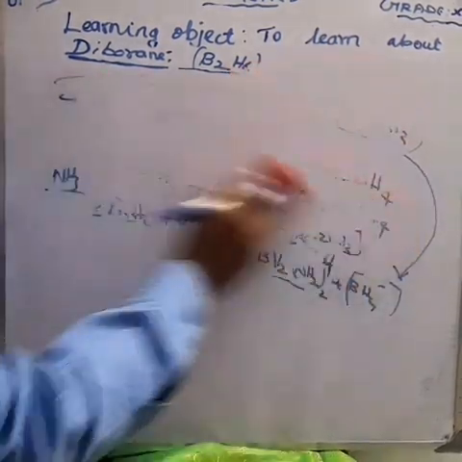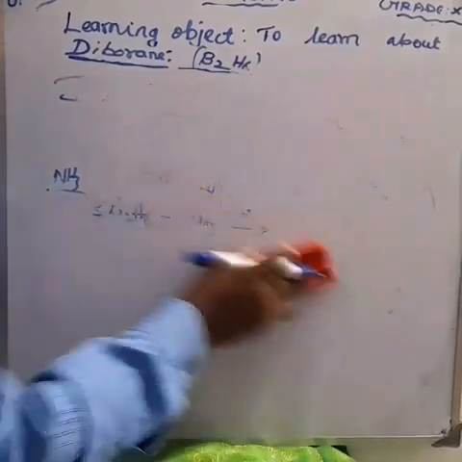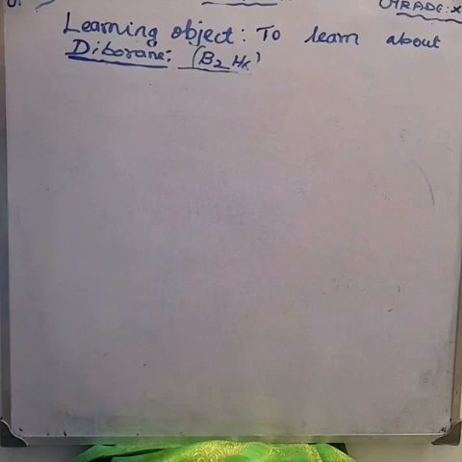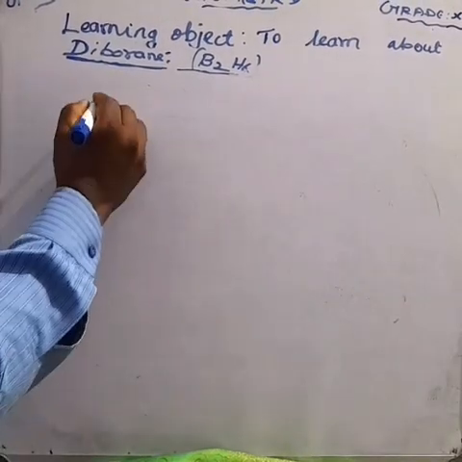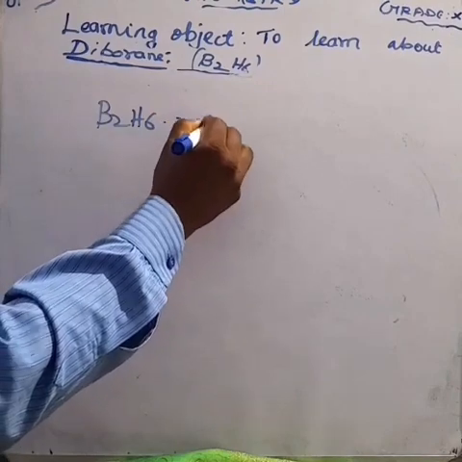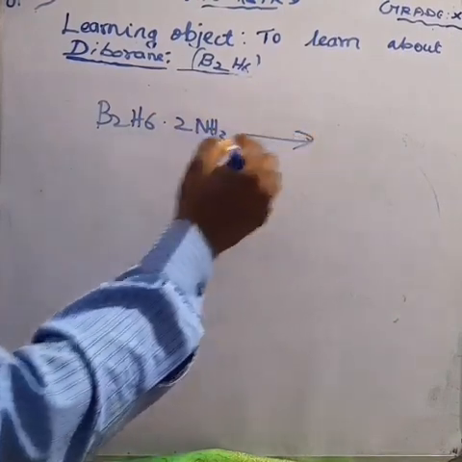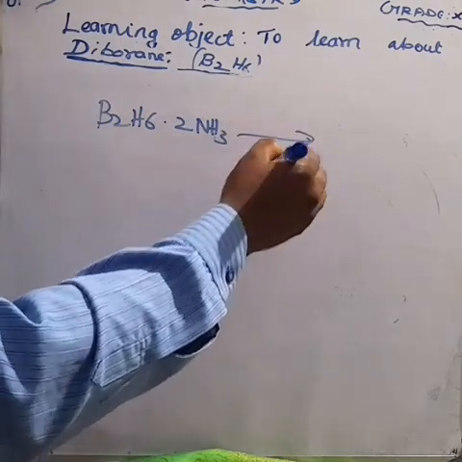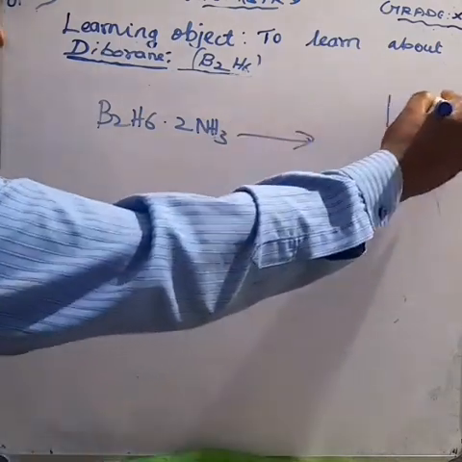Next, diborane B2H6 reacts with 2 moles of ammonia at high temperature in a closed vessel. Okay, closed vessel. We get an inorganic benzene. All of you know about the benzene. This is the benzene.